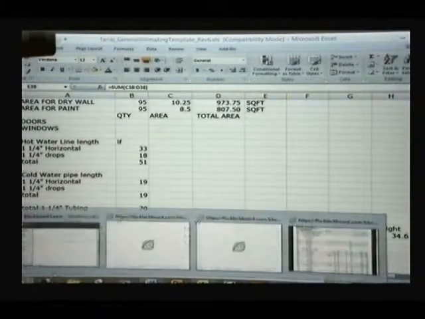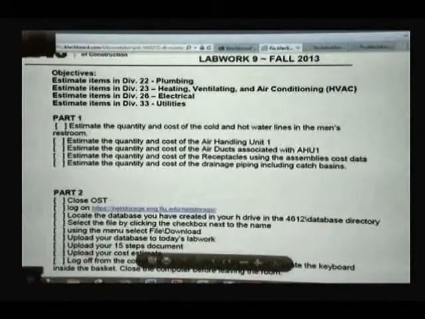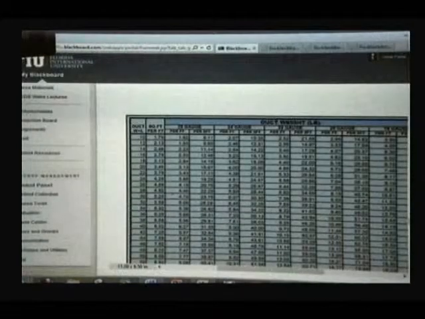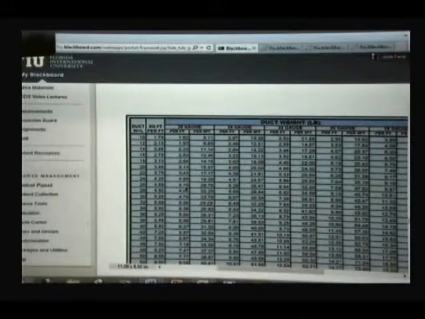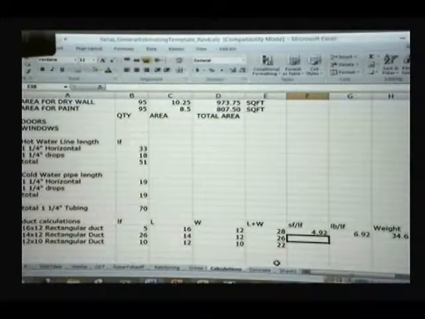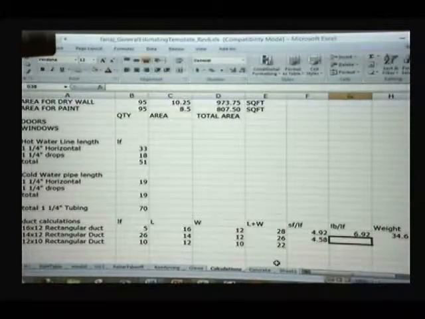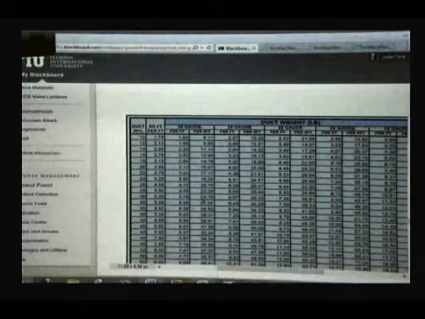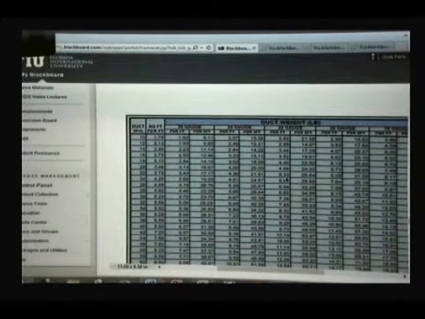So I need to go to these tables and look at 26. For 26, we have square feet per foot, that's 4.58, and pounds per foot, 6.44.